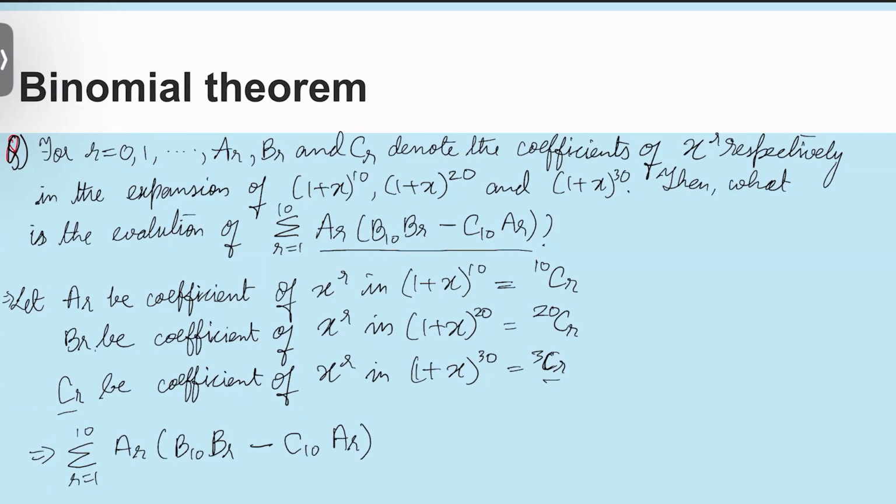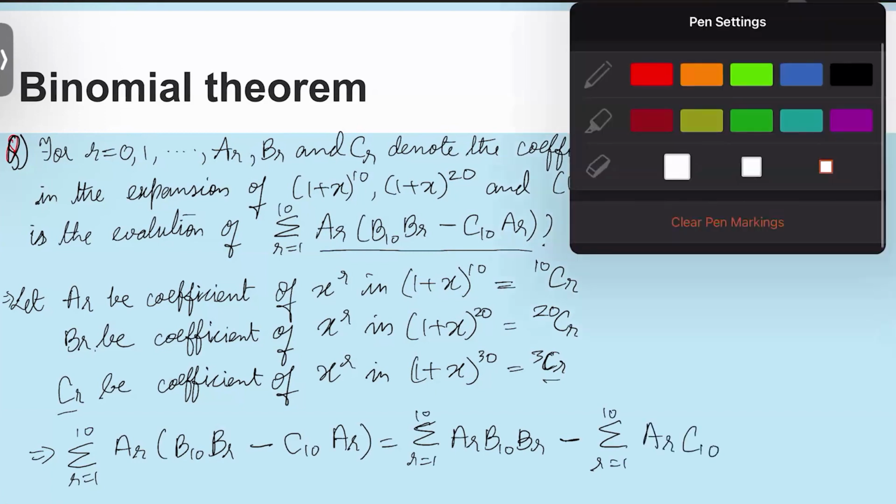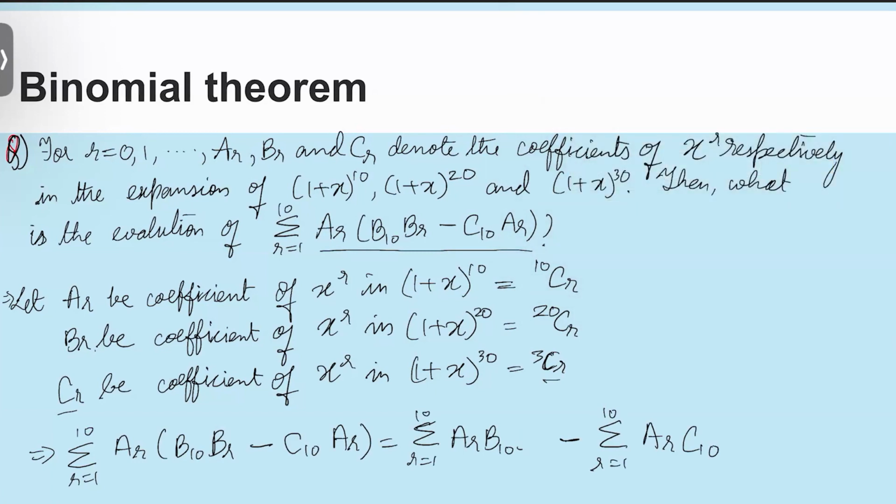Okay, so if you separate the terms after opening up the bracket, you have the summation over r from 1 to 10 of A_r B_10 B_r minus the summation over r from 1 to 10 of C_10 A_r A_r.